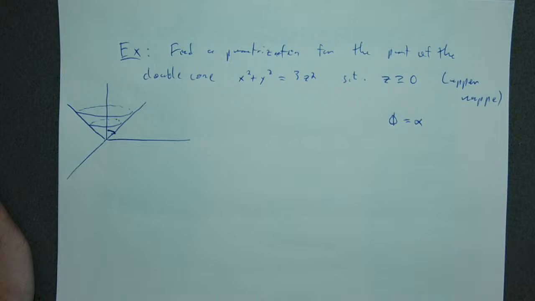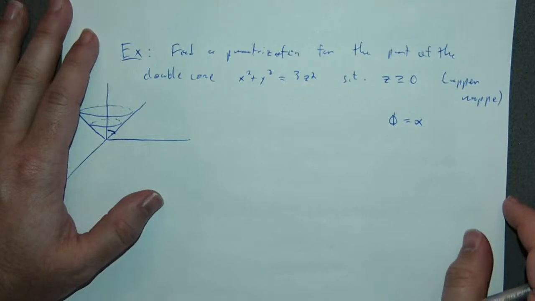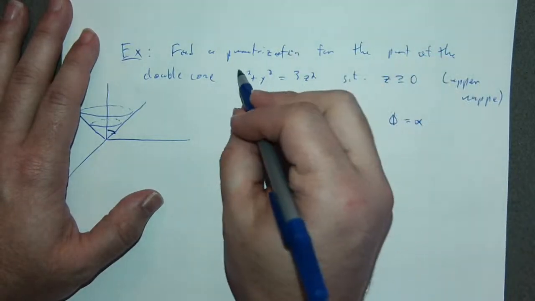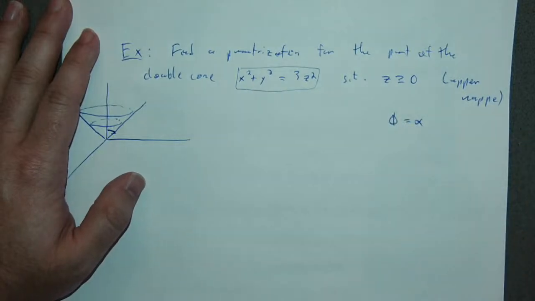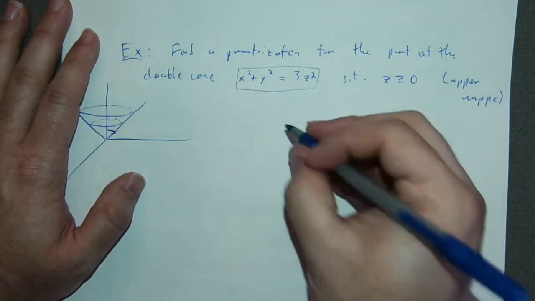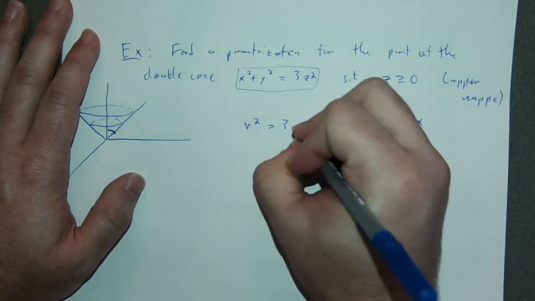Okay. And so, what do I need here? Well, let's look at this particular expression in spherical coordinates. What does this become? So x squared plus y squared is r squared, and that's equal to 3z squared.